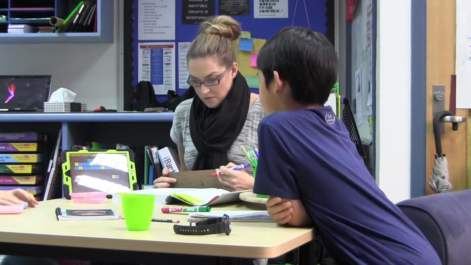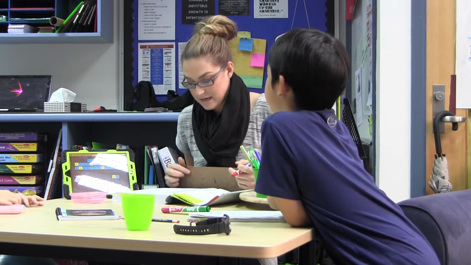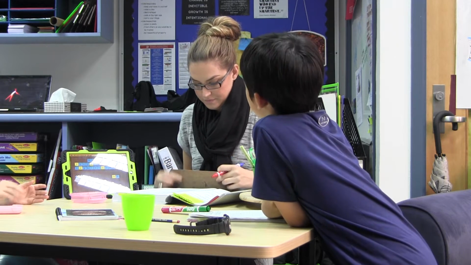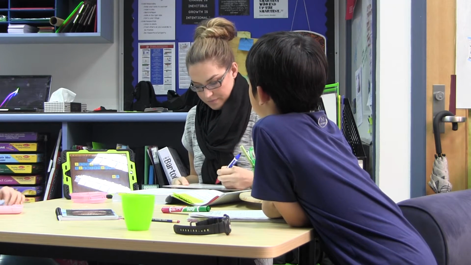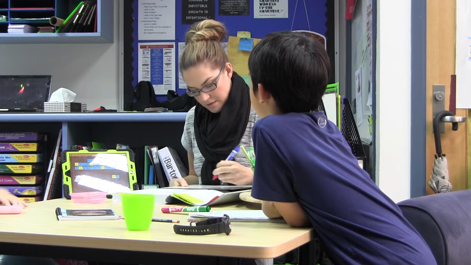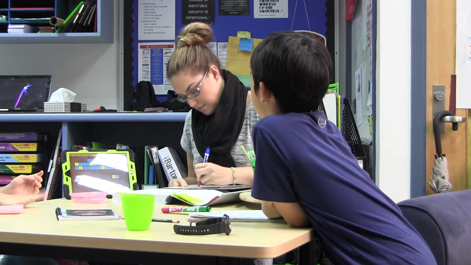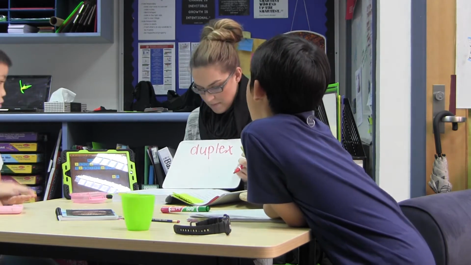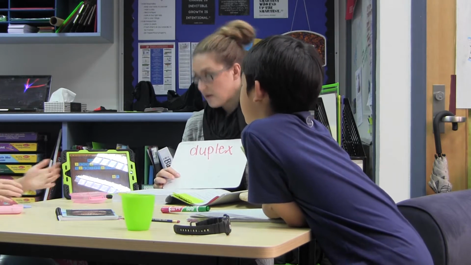So the final time that dividing these letters can be tricky is going to be using this example. Duplex. So I'm looking at my word and I'm going to do everything I normally do here.